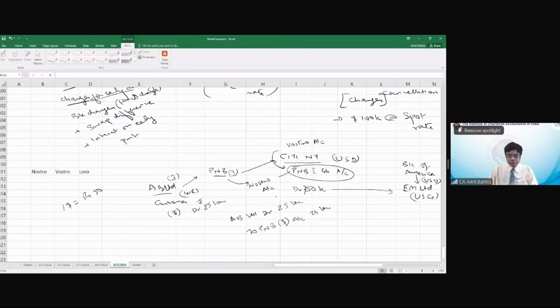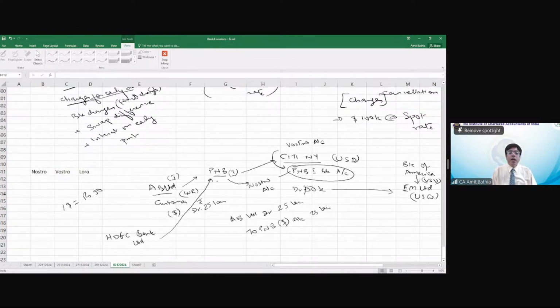Now, say there is another bank, HDFC Bank, and HDFC Bank wants to remit, say for example, $50,000, but it does not have its own nostro account or any such arrangements with any foreign bank. Then HDFC knows that Punjab National Bank has its nostro account with Citi. So HDFC reaches out to Punjab National and says, sir, we want to make a payment of $50,000 to a party in US in USD.